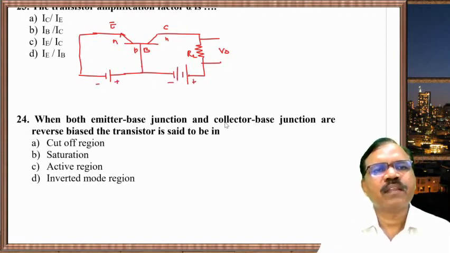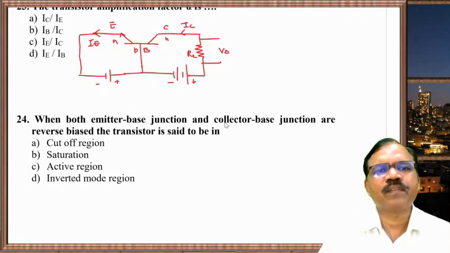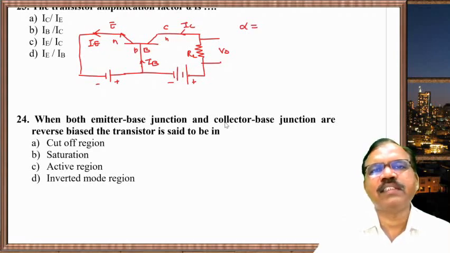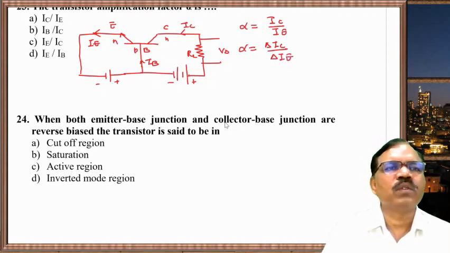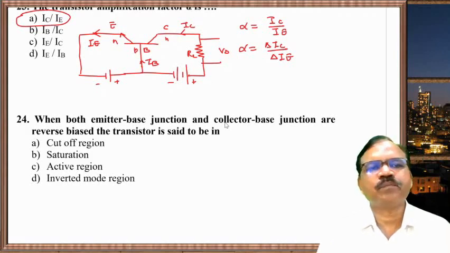So here the input current is IE and the output current is IC. We define the current amplification factor alpha as IC upon IE, or alpha is delta IC upon delta IE. So IC upon IE is the correct one.